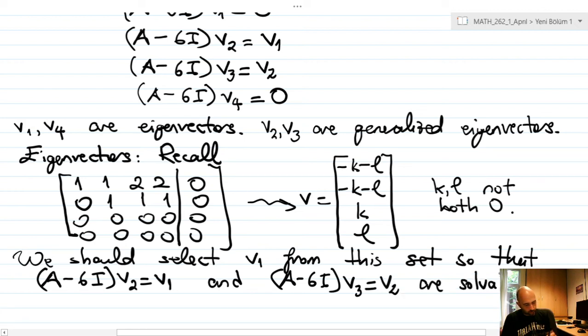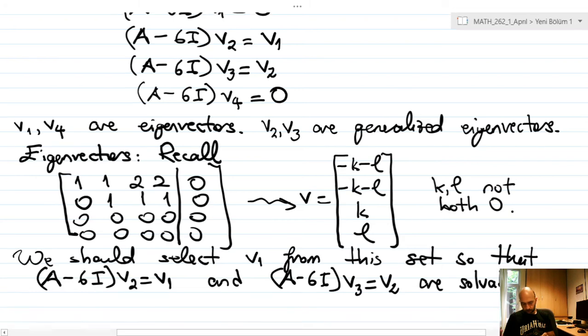They have a solution. And this will not happen for random choices of k and l. There will be some conditions imposed by the consistency of these equations on k and l. We'll see.